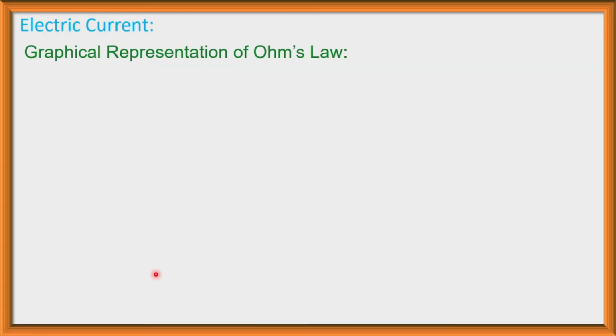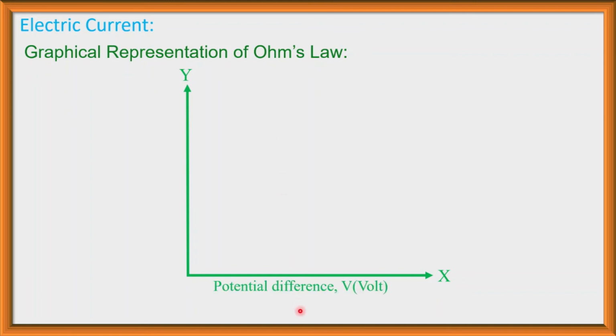Now, graphical representation of Ohm's law. Graphically, we will know Ohm's law. Consider the x-axis and this is the y-axis. On the x-axis, potential difference V in volt, and on the y-axis, electric current I in ampere.